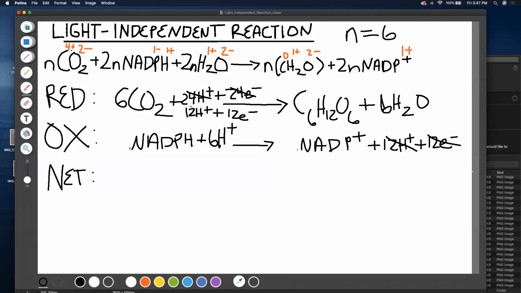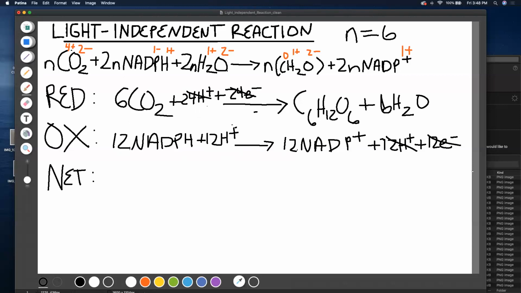That is why our hydrogens and electrons aren't canceling. So we just go back real quick. 12 NADPH, 12 NADP plus, and 12 hydrogens here to balance the charge. 12 hydrogens.